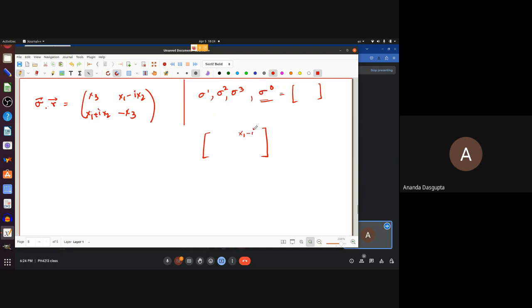So if this is x1 minus ix2, this will be x1 plus ix2. What about the diagonal elements? They must be real, and there may be two real numbers, not necessarily negatives of each other. Now you're not imposing tracelessness. But any two real numbers can always be written this way.